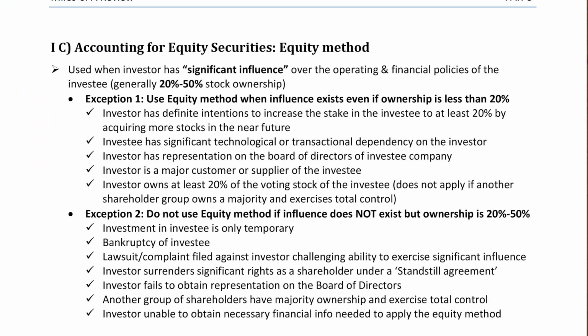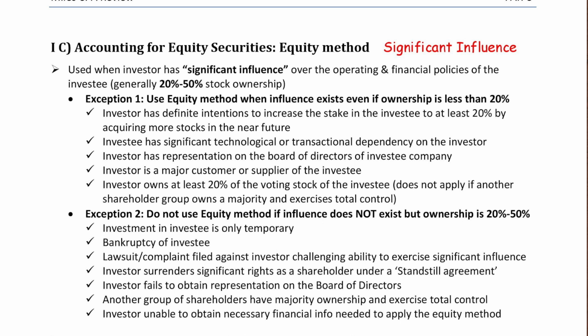On page 5, we're looking at accounting for investment in equity securities when the investor has significant influence. And in this case, the investor uses the equity method to account for those securities.